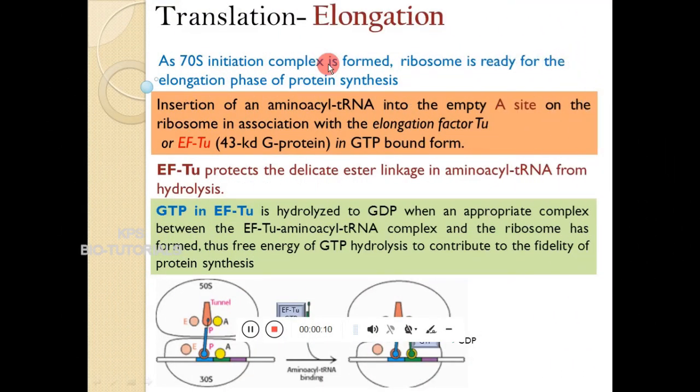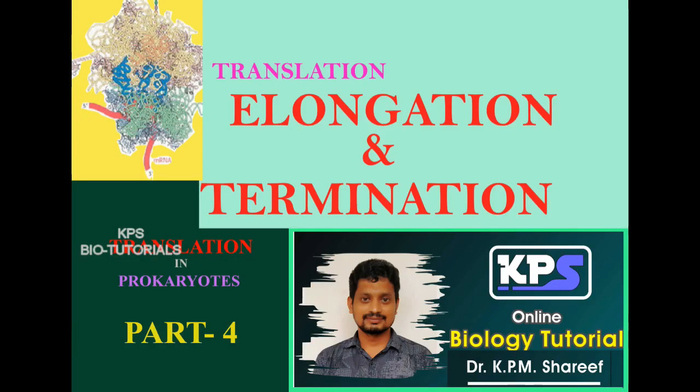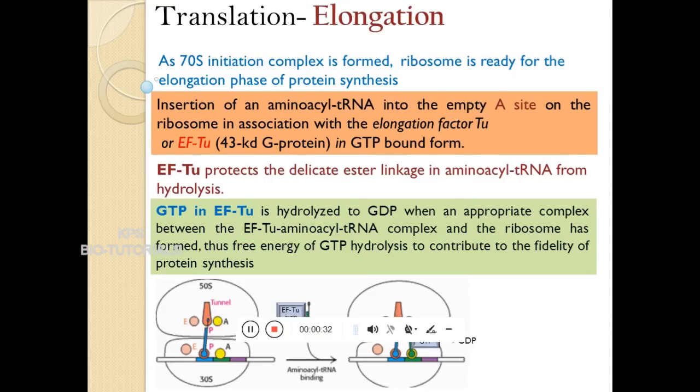In the last episode, we discussed translation initiation. You know, the process of translation initiation was completed when the 70S ribosome was formed, when the 70S initiation complex was formed.